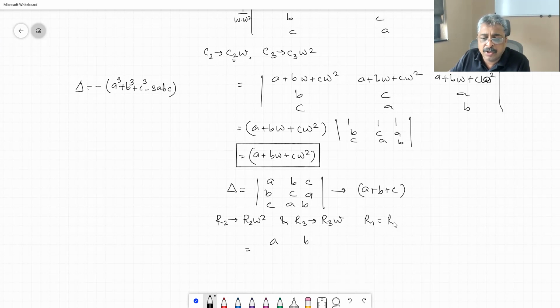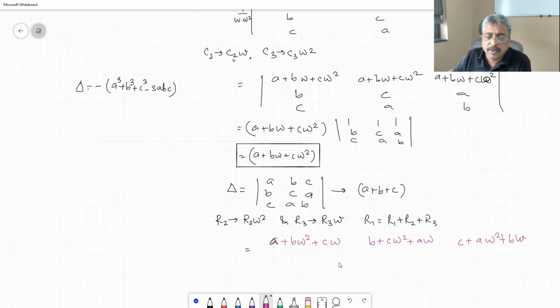R1 is equal to R1 plus R2 plus R3. In that case, what you will get is A plus B omega square plus C omega, B plus C omega square plus A omega, and C plus A omega square plus B omega. Remaining entries as it is. B, C, A, C, A, B.